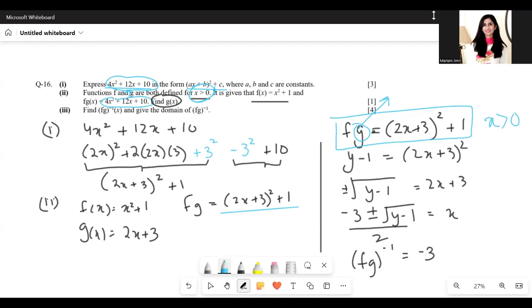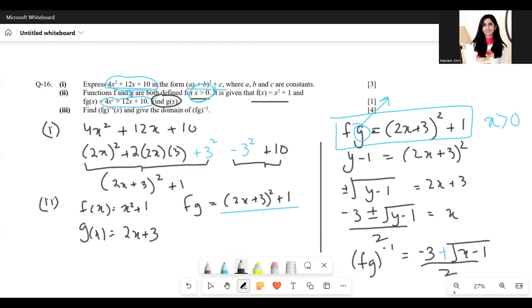So if the domain of fg is increasing, then the range of fg inverse should also be increasing. So we're going to choose the plus sign only. Square root of x minus 1, upon 2. That is fg inverse of x with the plus sign only.